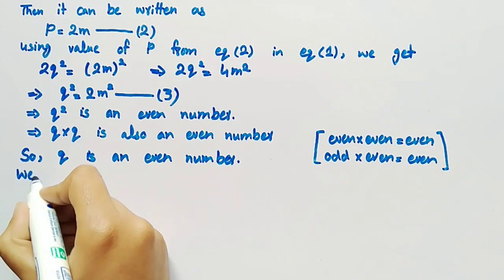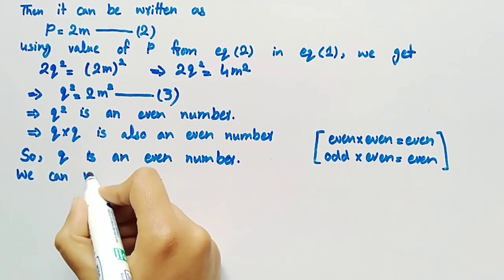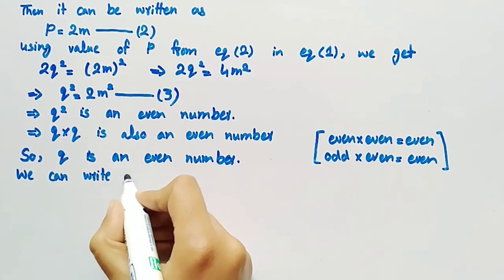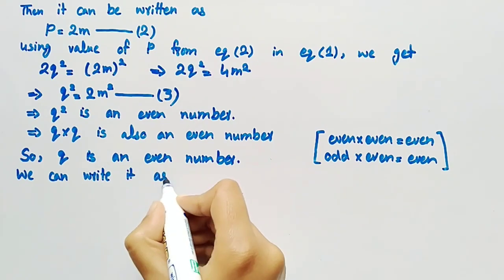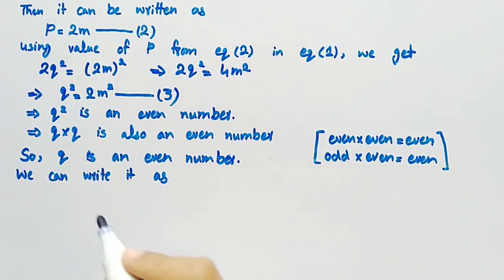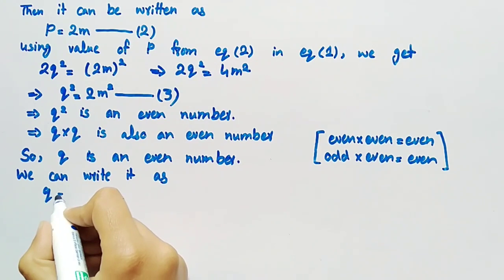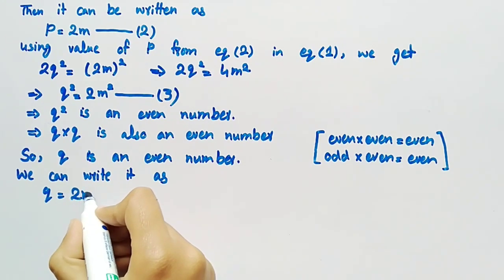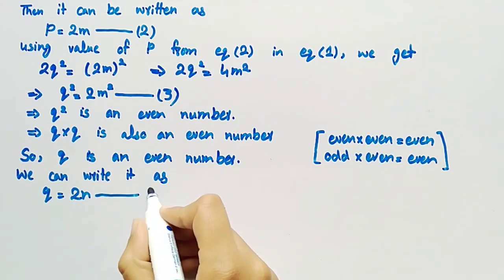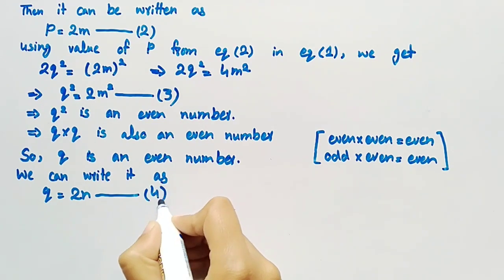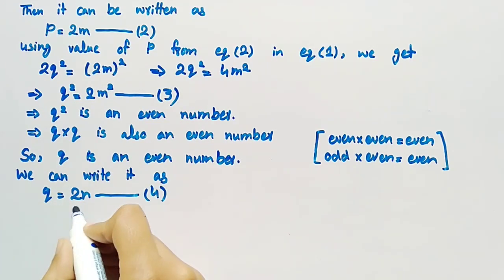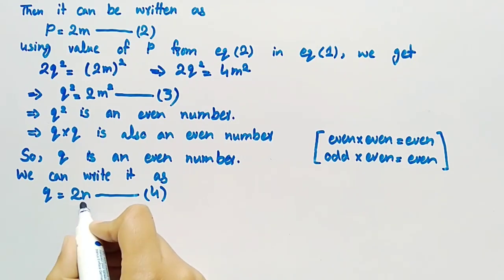Then we can write it as q is equal to 2n. Let it be named as equation number 4. Since q is an even number, it can be written as a multiple of 2.